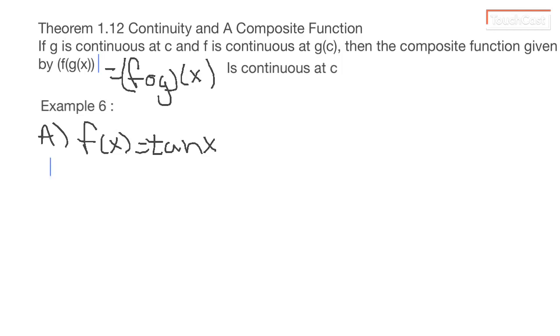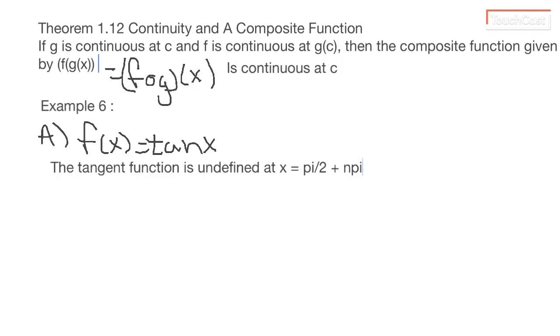What we can say as far as this one's continuity is that the tangent function is undefined at x equals pi over 2 plus n times pi, where n is an integer.